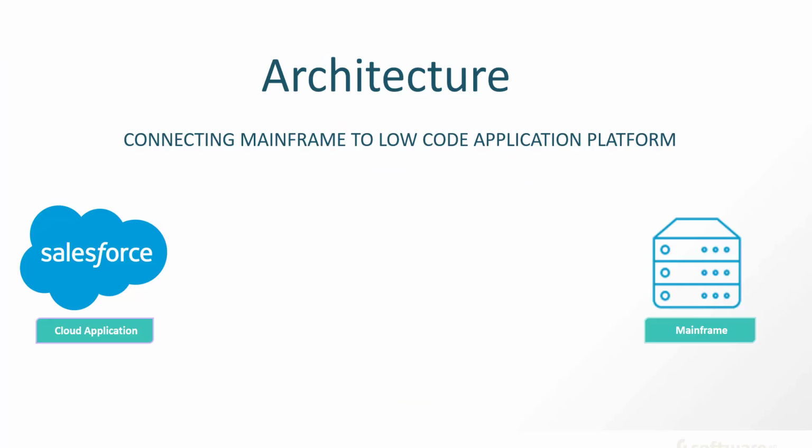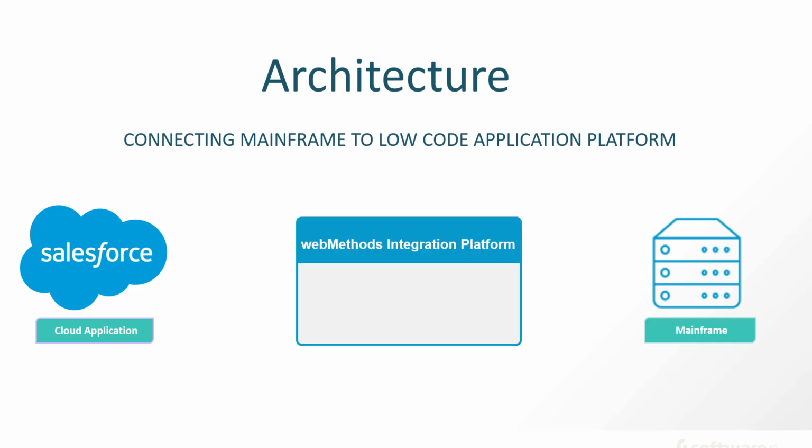Now let's take a look at the architecture which enabled us to integrate these two applications together. We used our webMethods integration platform. The platform enabled us to communicate between the two systems by using adapters. We have a wide range of adapters that allow us to simply and easily connect to applications, technology, and a whole host of other IT capabilities.